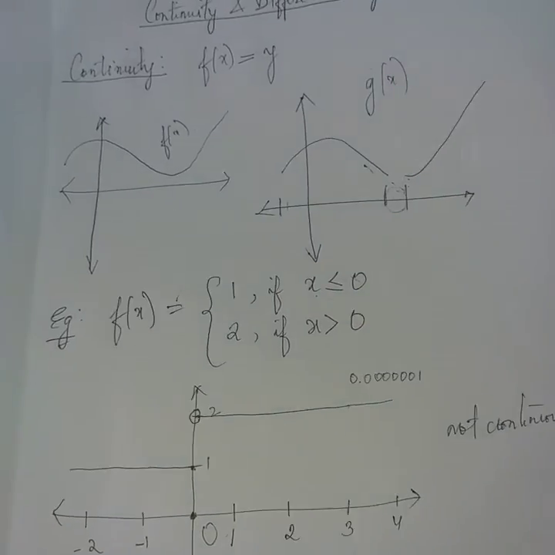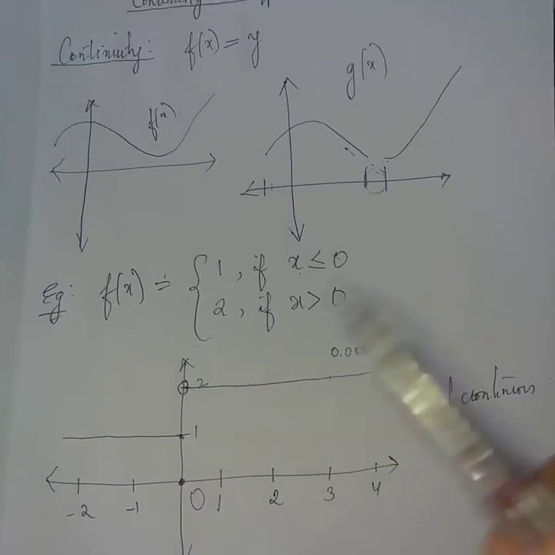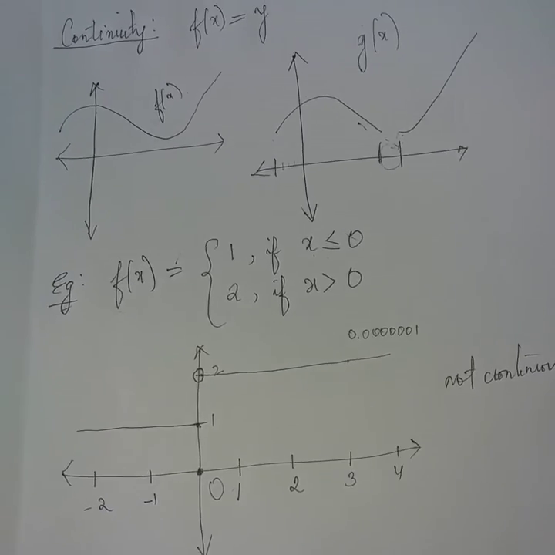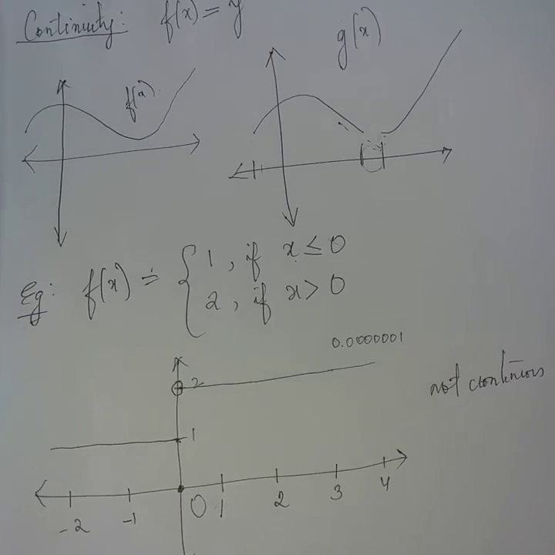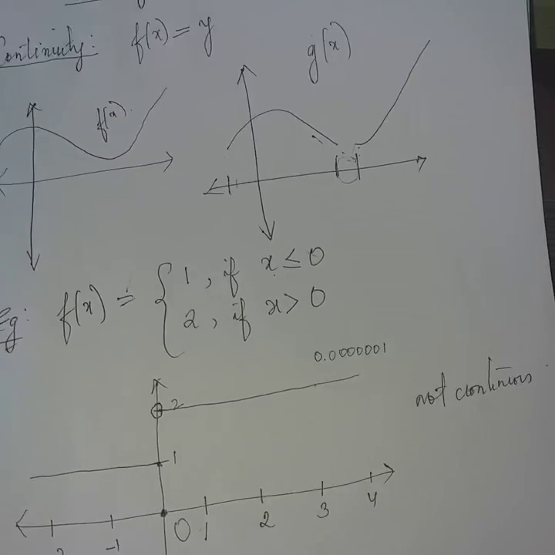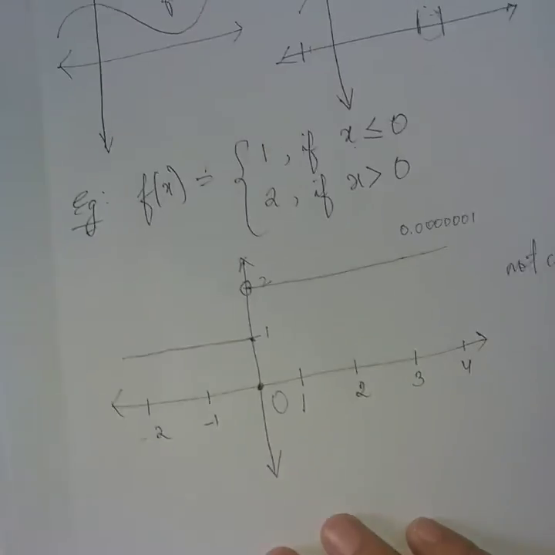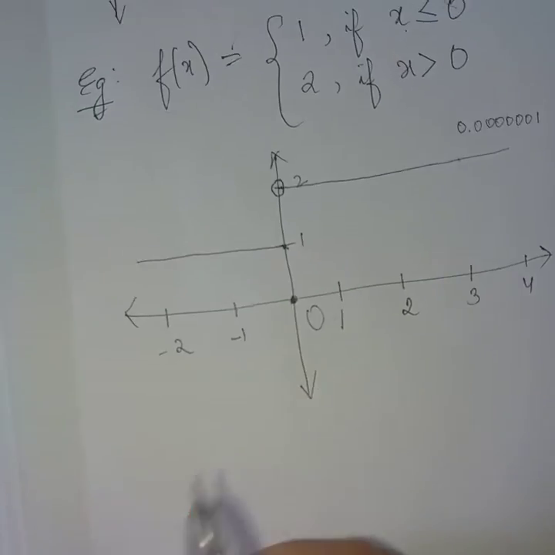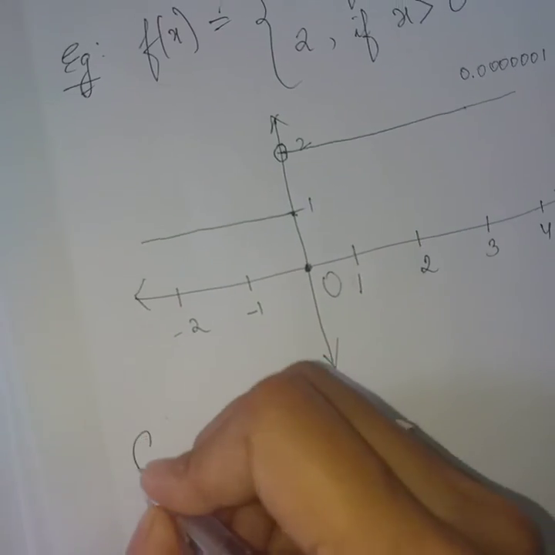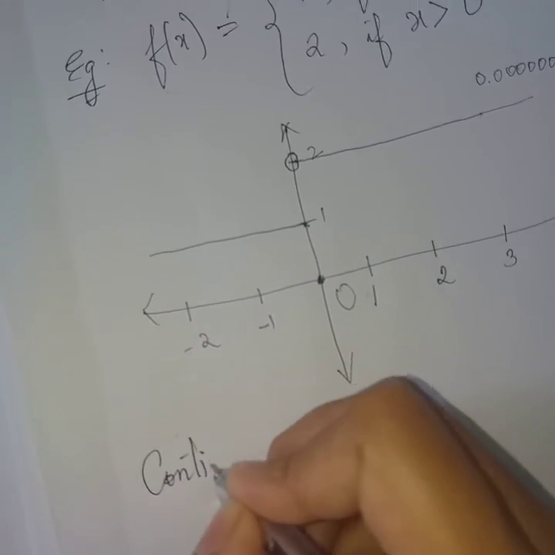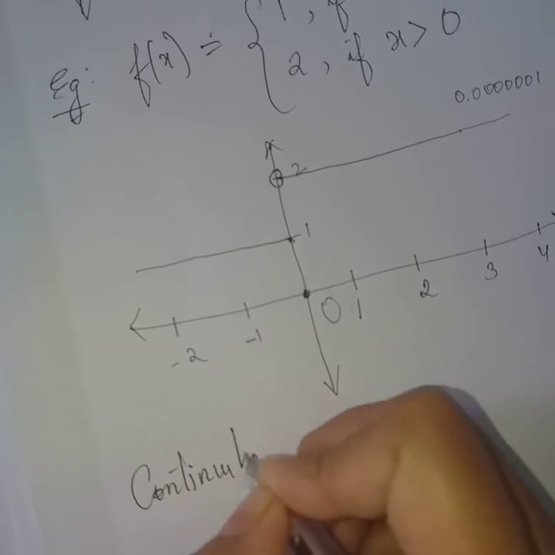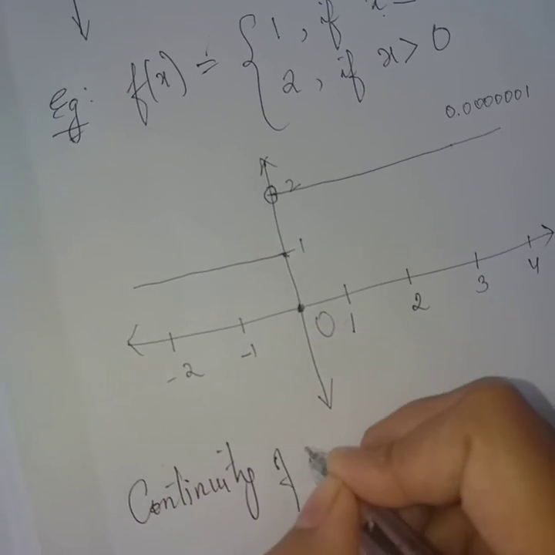Just by seeing a graph we can tell whether it is continuous or discontinuous. But every time we cannot draw graphs, it becomes difficult. So we have a very formal definition of continuity of a point.